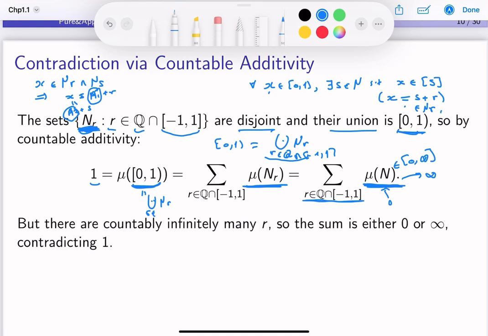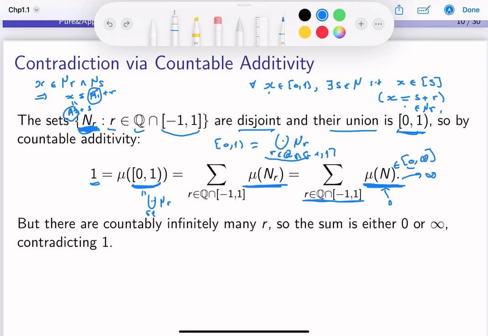But infinity is definitely not equal to 1, and if it were 0, then I'd be summing these zeros and the answer will be 0, right? And 1 is not 0, so this cannot happen. There's no way we can define this function on these sets, for example, okay?